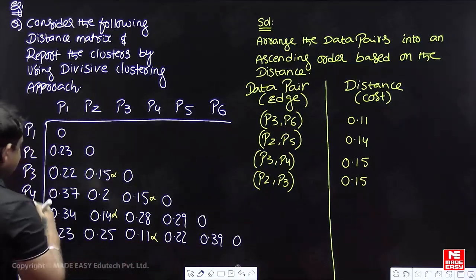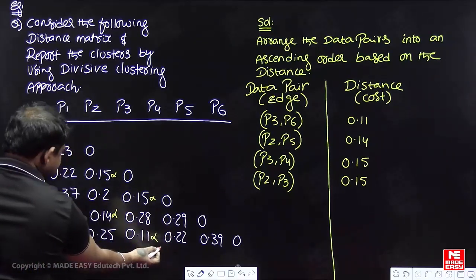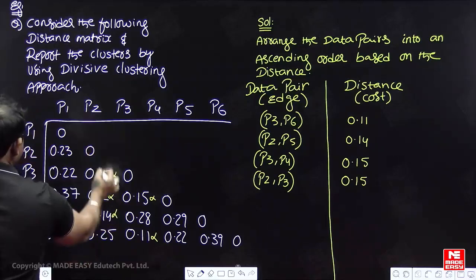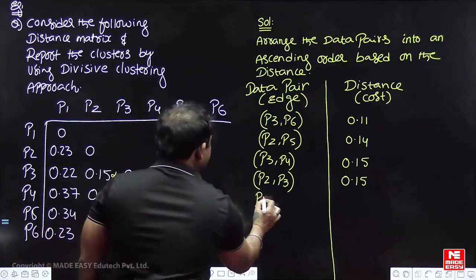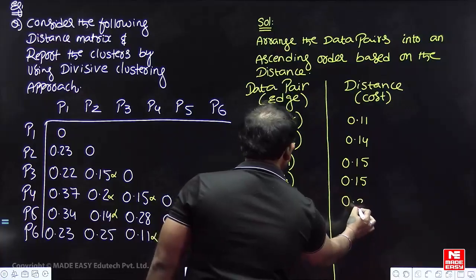After that, the next smallest is 0.2, which is P2 and P4, that is 0.2.